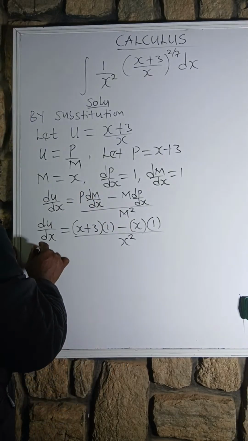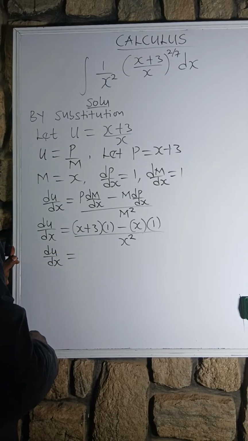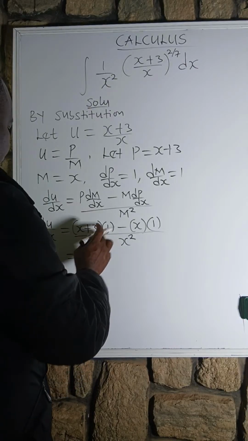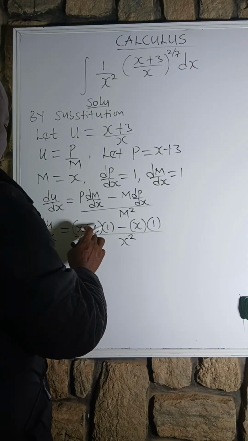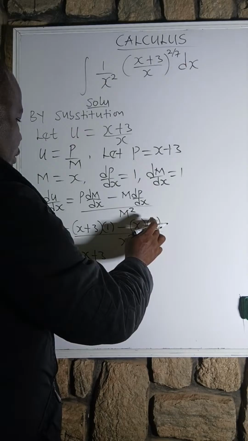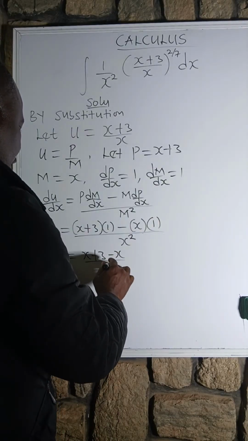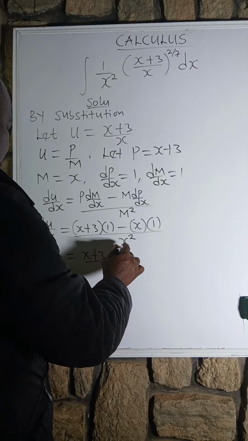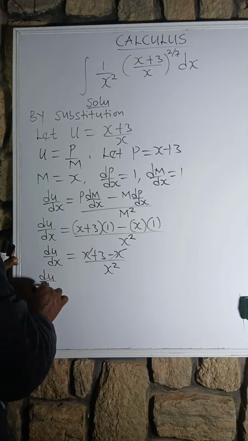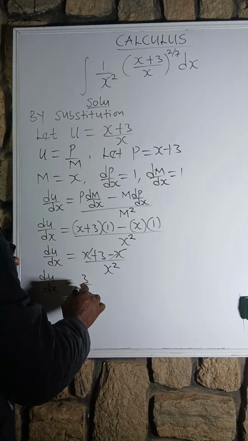As you can see, you don't need a prophet to tell you this is equal to, open this bracket, x times 1 is x, 3 times 1 is 3, then x times 1, x minus x, all over x squared. You can now see that this and this will go. So our du over dx is equal to 3 over x squared.